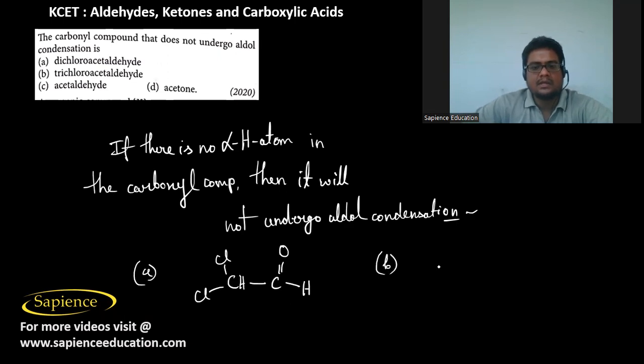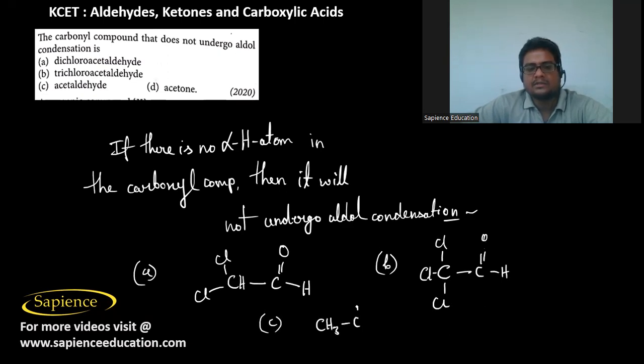The second one is trichloroacetaldehyde, which is CCl3CHO. In option C we have acetaldehyde, which is CH3CHO. In option D we have acetone, which is CH3COCH3.